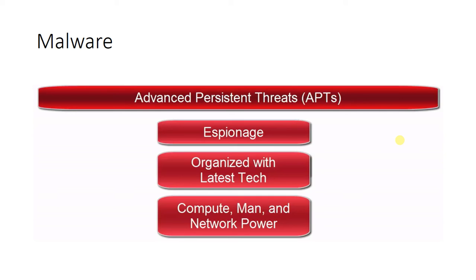They are organized using the latest technology and methodologies and have extensive computing power, manpower, and network power available to them. Persistent means that they get themselves entrenched and they remain undetected for extended periods of time. APTs have a goal and they will keep at it until they achieve the goal. They don't cash in on short-term gain, but instead focus on long-term objectives.